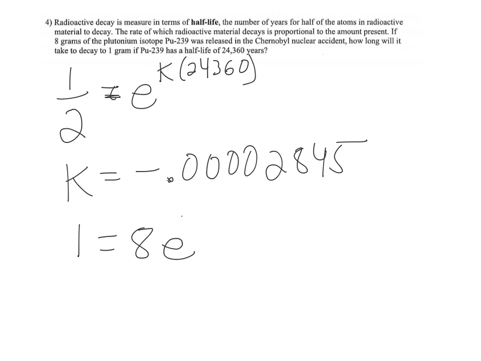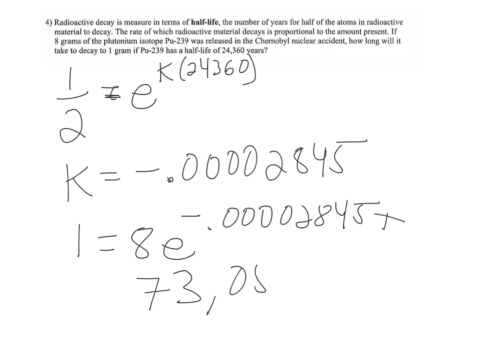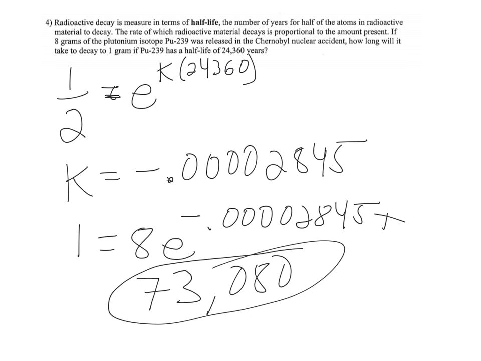So 8 times e to the negative 0.00002845 t equals 1, divide by 8, take the natural log, divide by that god-awful number, you get a big fat 73,080 years if you do some rounding.